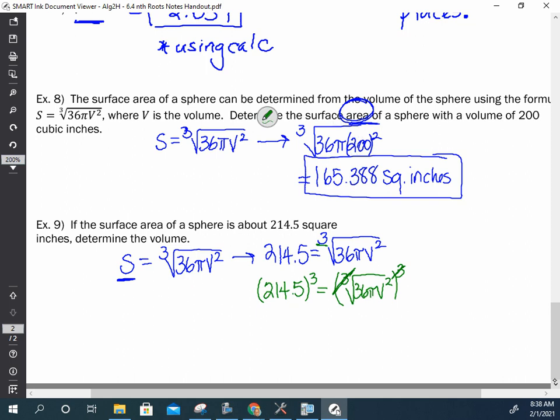Let the calculator do a little bit of work. 214.5 raised to the third power is going to give you 9,869,198.625, equals 36 pi V squared.